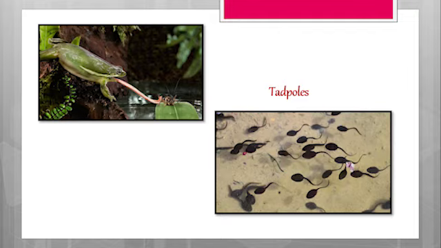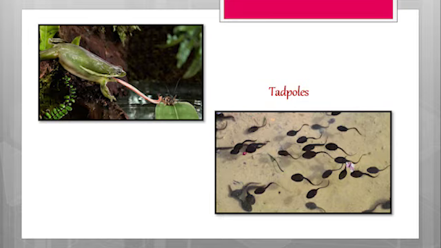Now students, look at these two pictures. In the first picture, as you can see, the tongue of a frog. Students, frogs' tongues are attached to the front of their mouths rather than at the back like humans.